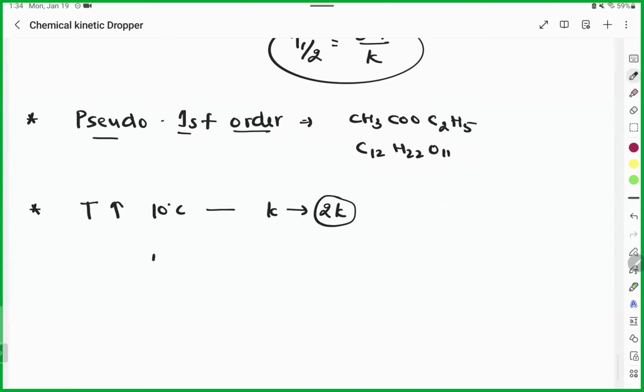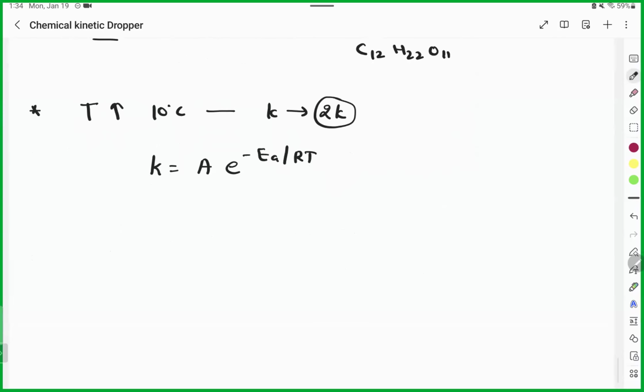Okay. If you calculate your Arrhenius equation, EA by RT. If you take a ratio in the log form, so natural log K will be equal to minus EA by RT plus natural log A. Based on this, you can compare two different values in the form of log.